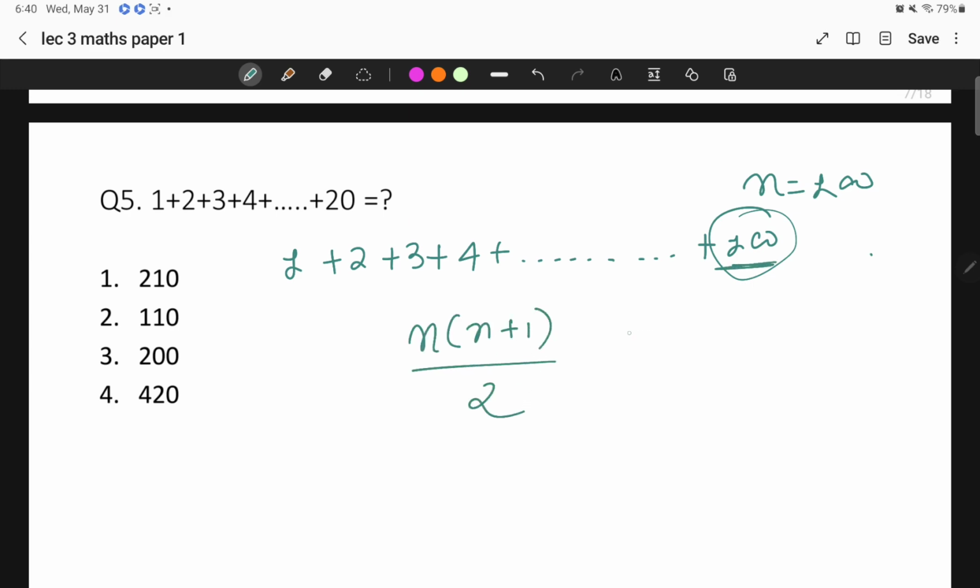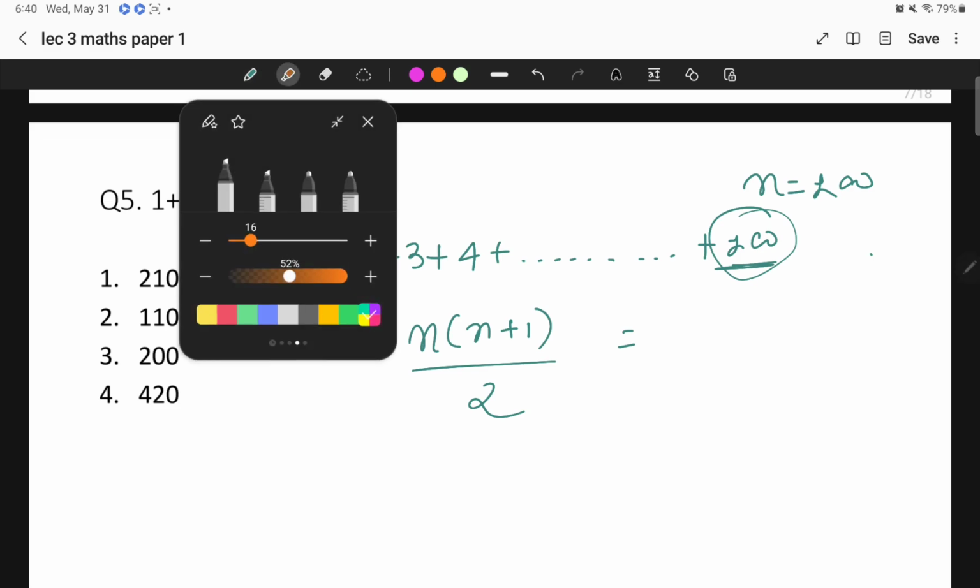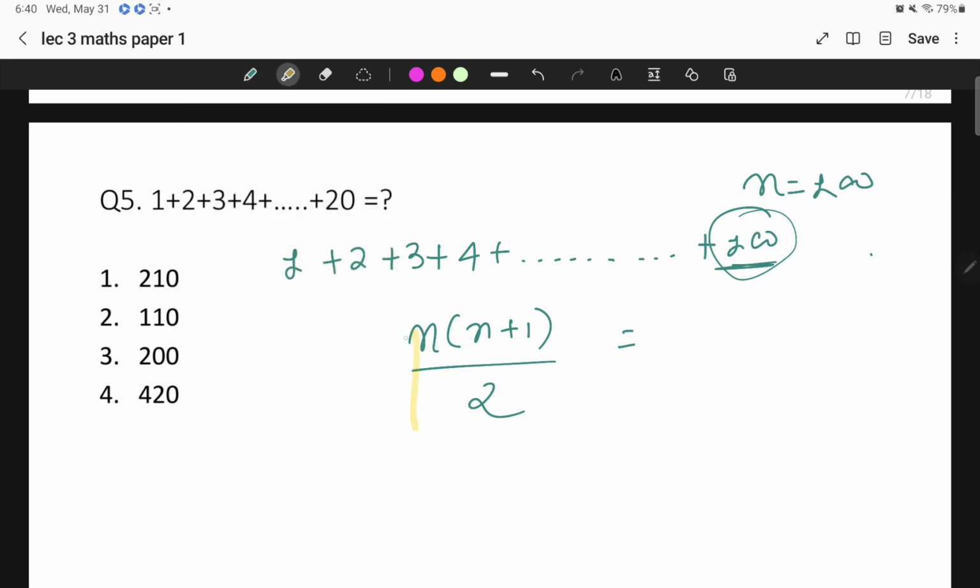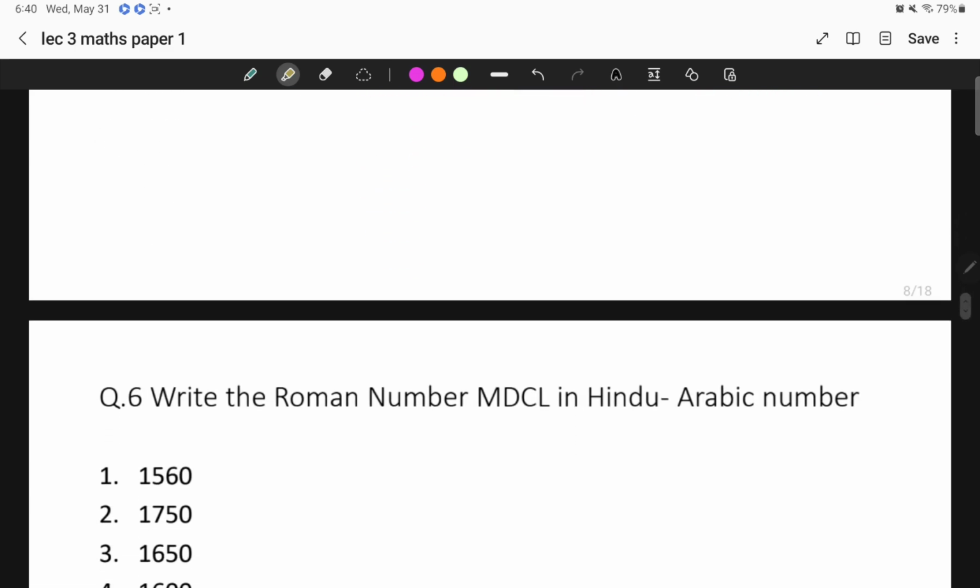Here n will be 100, that is 100 into 100 plus 1 divided by 2. In this way you have to solve it, and this is an important formula. Please make a note of it. Moving on to the next question now.